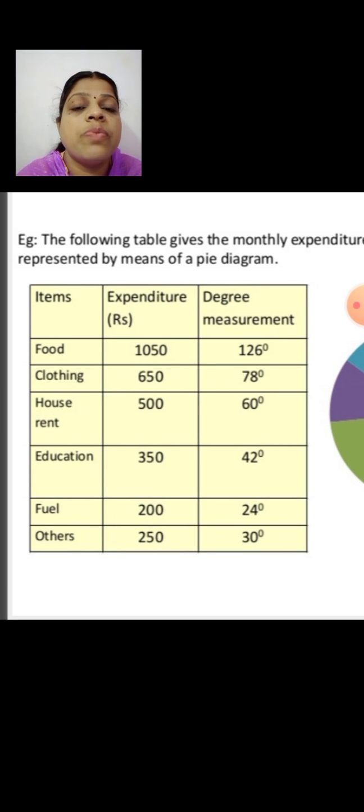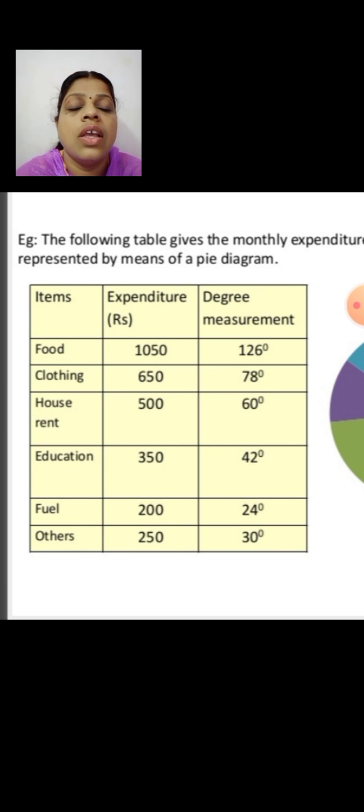These are the various items in the family, and the money they have spent for the particular items is also given in the second column.